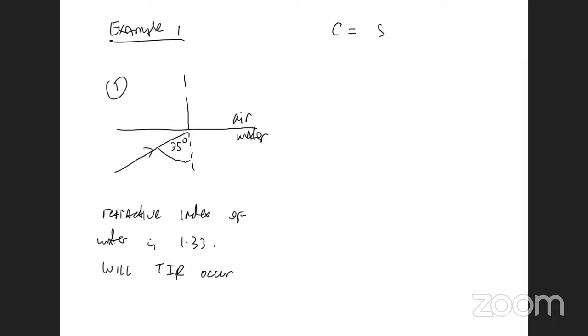Right, so we get what? Sin inverse of 1 over 1.33. What is that? 48.8. Very good. So, will total internal reflection occur?